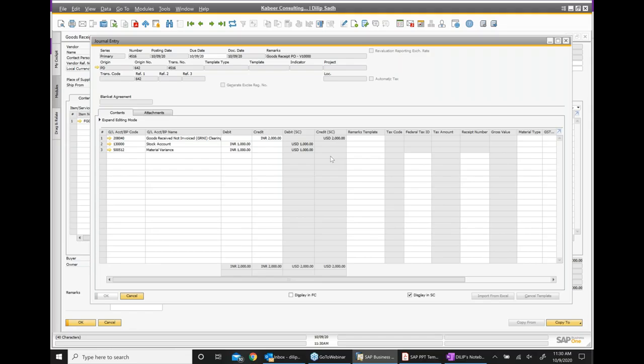So in this, in the last one, what is the difference? Anybody notice the difference? Anybody notice? So these are the entries now. What is the difference from the last one?